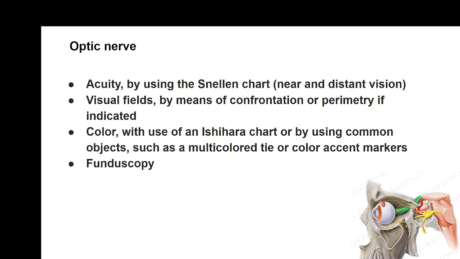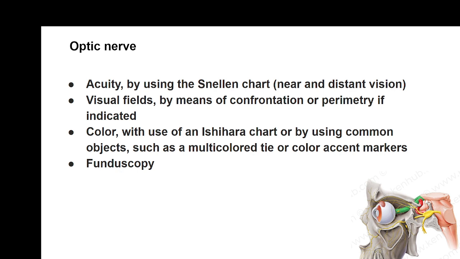To assess that, usually you will use a Snellen chart, where you will have some alphabets or numbers written. Or it could be simply by asking the patient to identify some object based upon its size, a smaller object or a bigger object, and see from which distance he can identify.